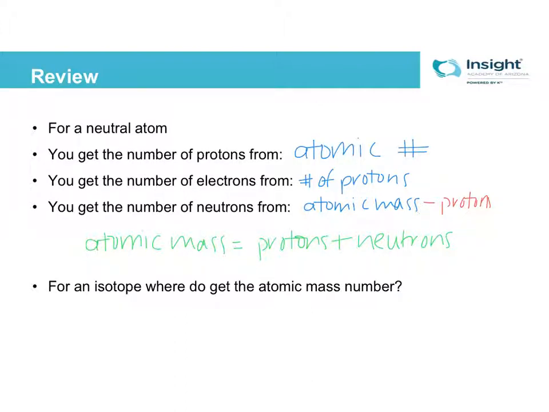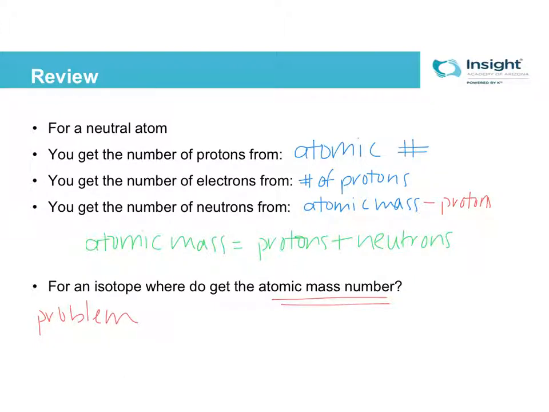So for isotopes, isotopes have a different neutron number. This means that either you have to be given the neutrons or you have to be given its mass. So for an isotope, you get the atomic mass number from your problem, from the example, something like that.